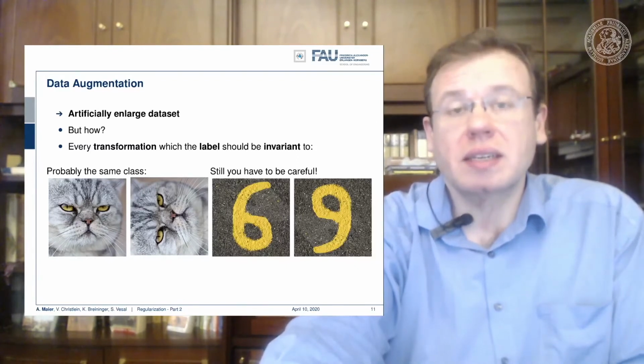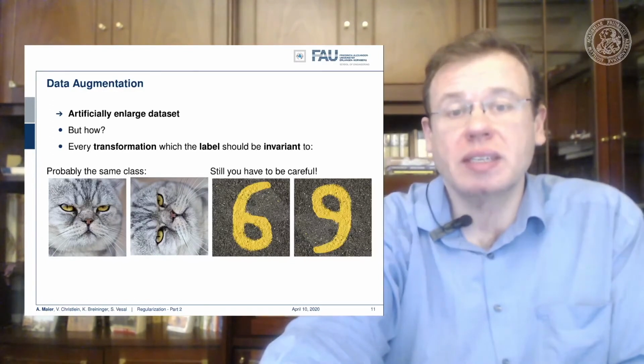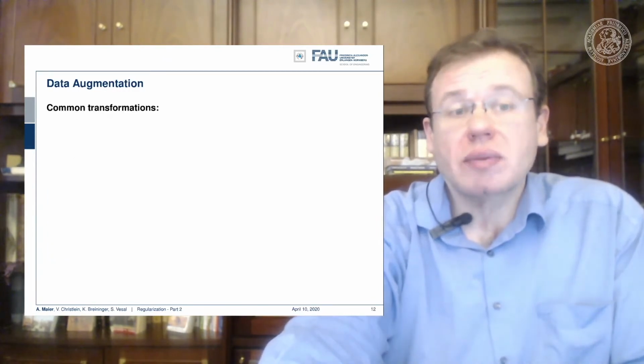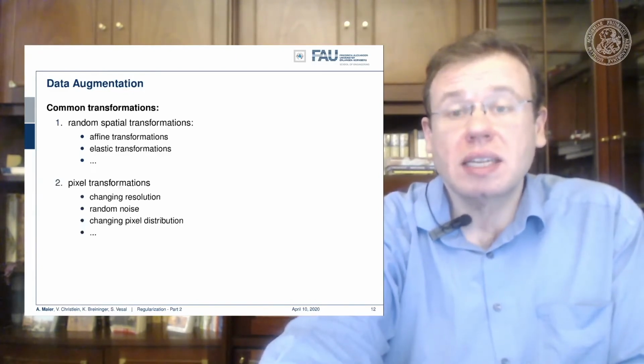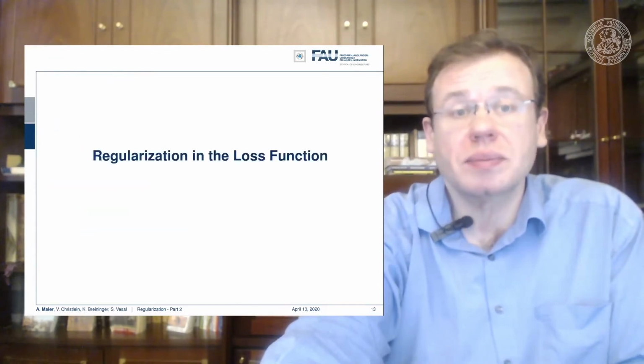So in the right-hand example, you can see that a rotation by 180 degrees is probably not a good way of augmenting because it may switch the label. So there are very common transformations here, random spatial transforms like affine or elastic transforms. Then there are pixel transforms like changing the resolution, changing noise, or changing pixel distributions like color, brightness, and so on. So these are typical augmentation techniques in image processing.